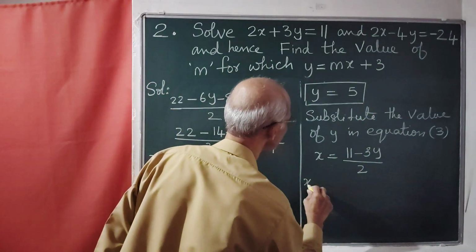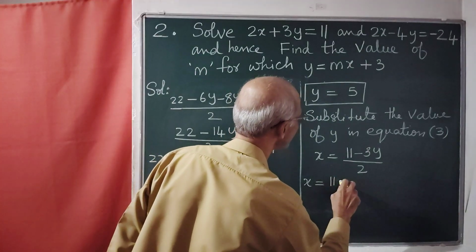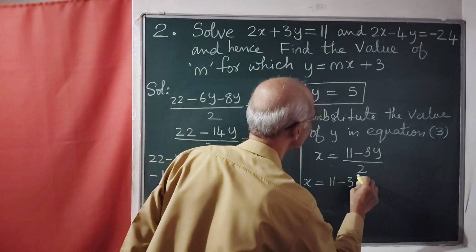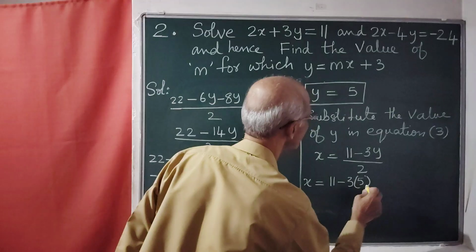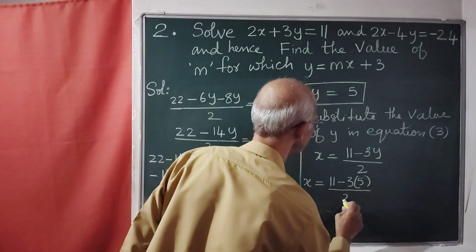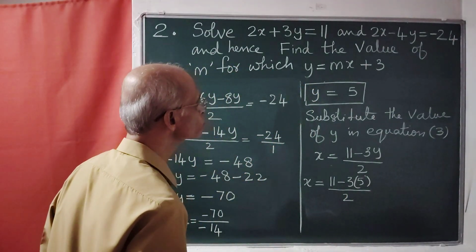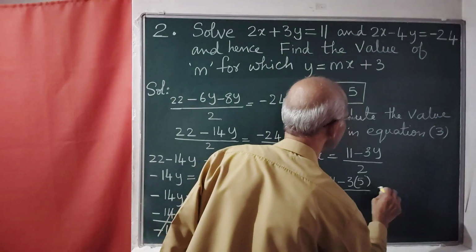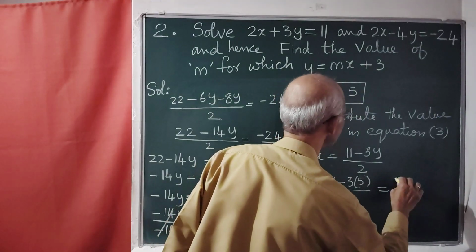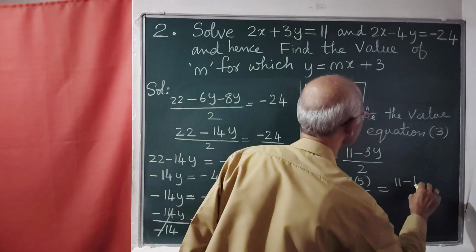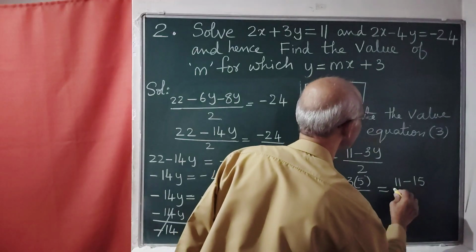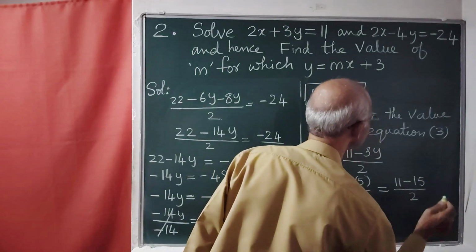So x will be equal to 11 minus 3 into 5, whole by 2. So it will be equal to 11 minus 15 divided by 2.